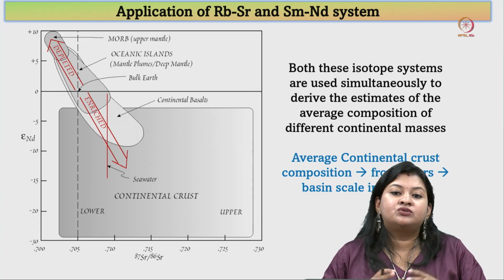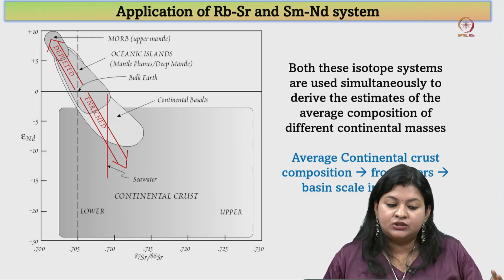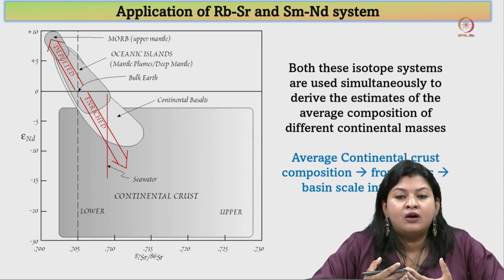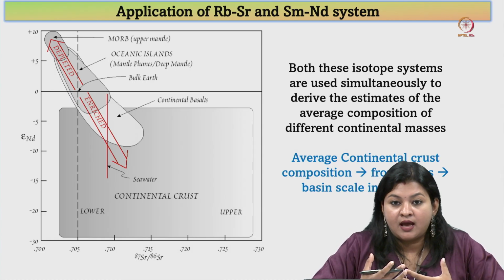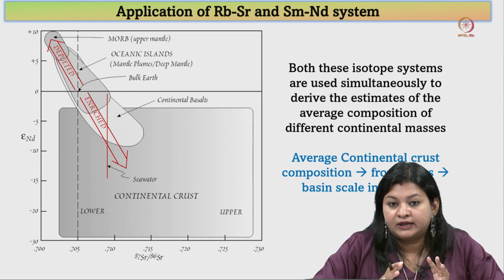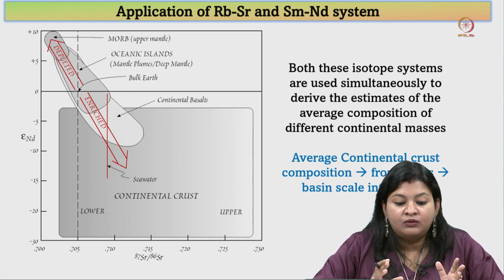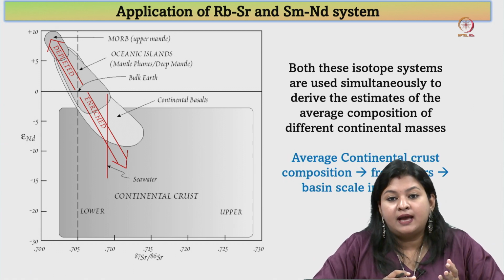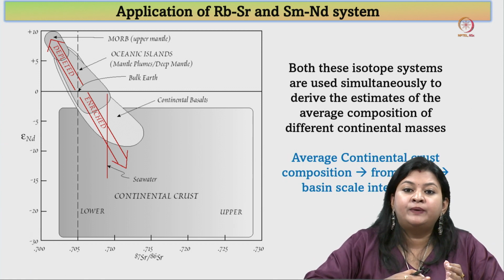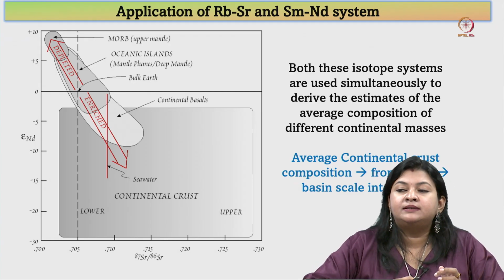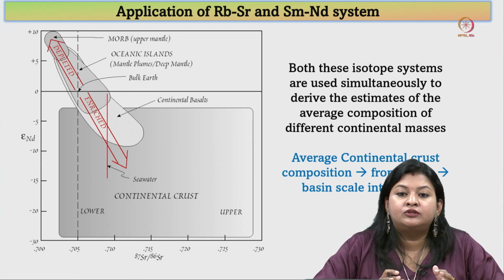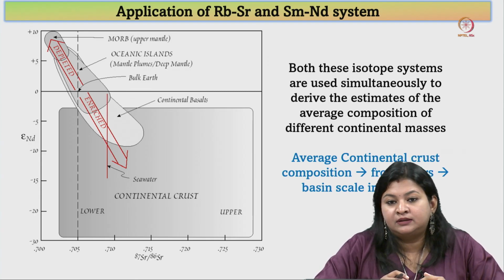Since they have these opposite signatures, they have given us enough information about how different rock types are, and how they have been in the past, and how weathering, basin topography, and geomorphological changes have happened in the Earth's history.